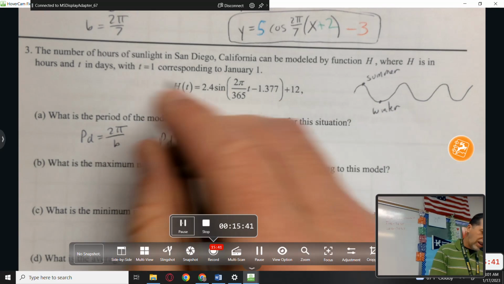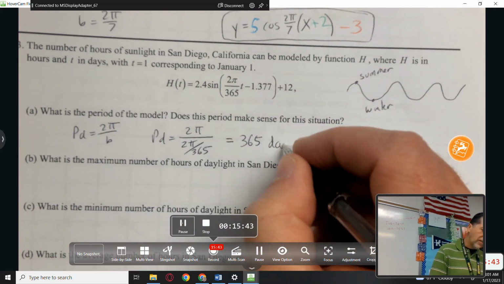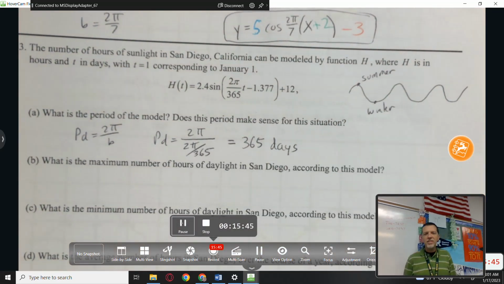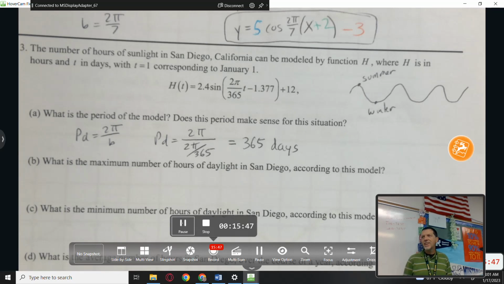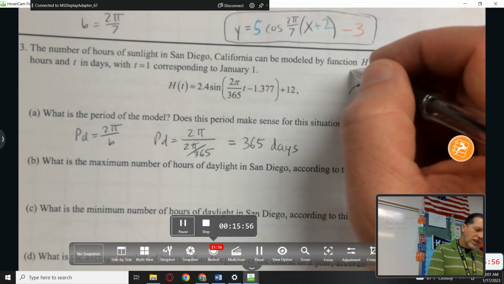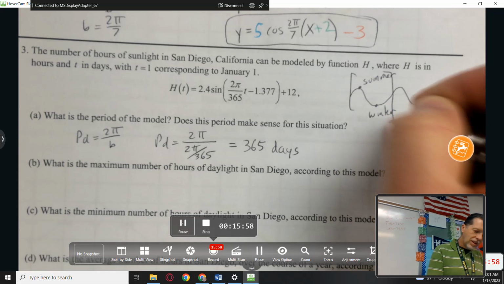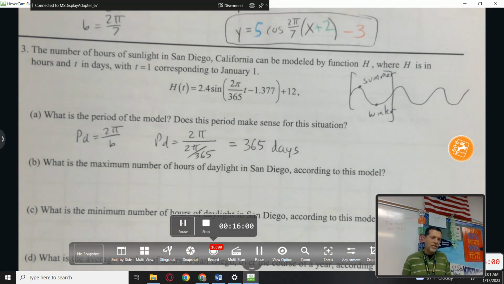And t is in days, so 365 days. Does that make sense for this situation? Does 365 days sound like a familiar type value? Yeah, that's 1 year. So over the course of a year, we get 1 cycle of this sine wave.